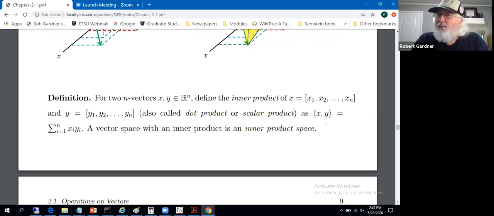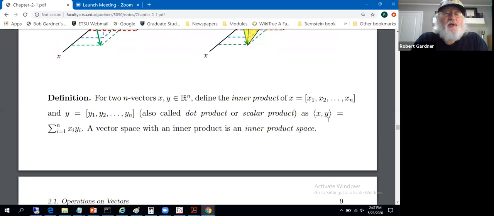If you did a lot of inner product stuff in sophomore linear algebra, then you've seen this before. It's also called scalar product or dot product. And if you only did a little bit of this in linear algebra, you did it in Rn, and we're in Rn with all our computations.